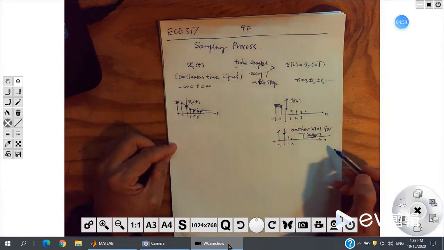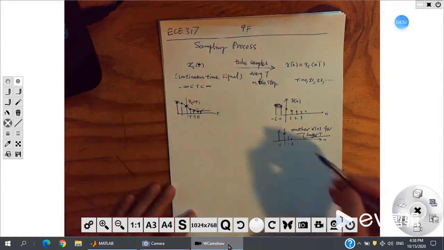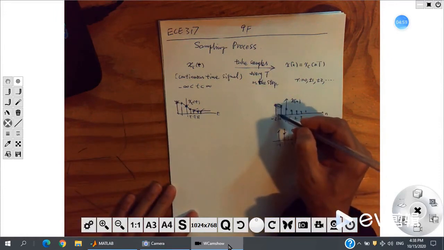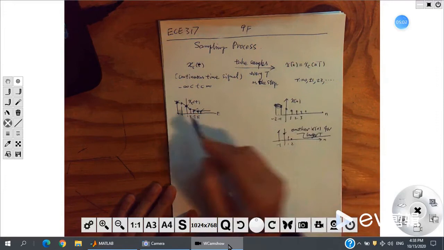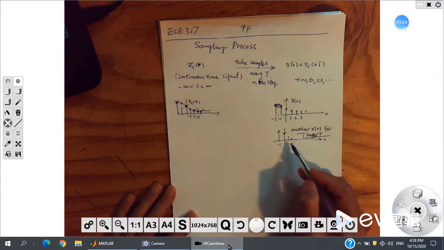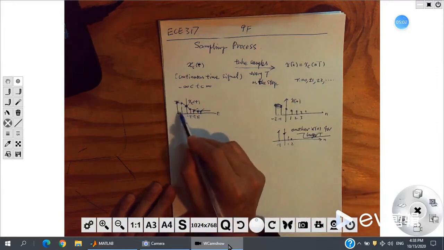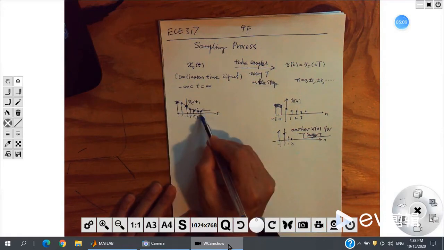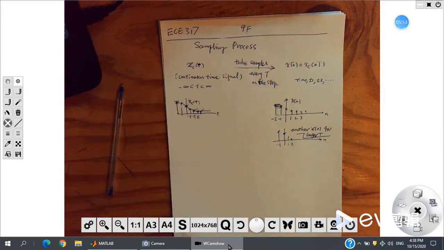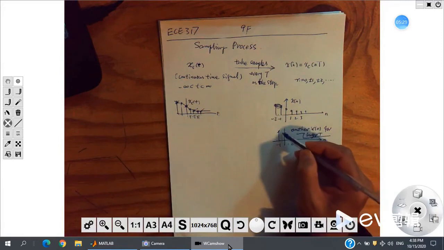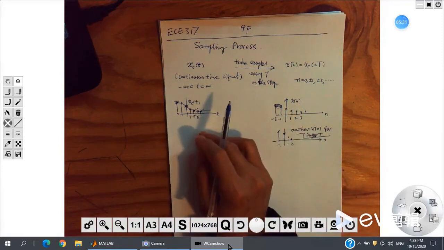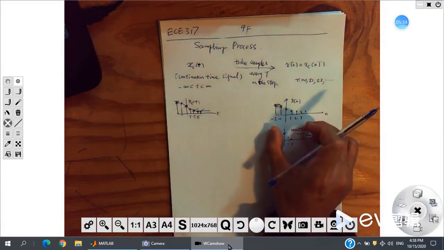So you lost something. Then you will think, if you have more samples, of course you will have more information of the original signal. If you have fewer samples, you will have less information from the original signal. So here you have to choose how many samples will be a good choice. We say that every second, how many samples do you want? If you take more samples, then you have more information, but you need to save more samples.